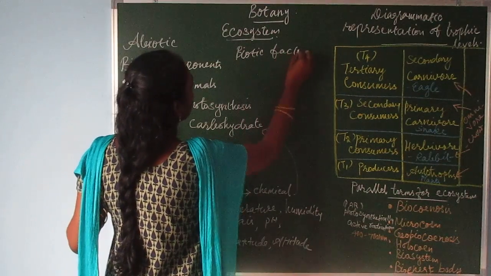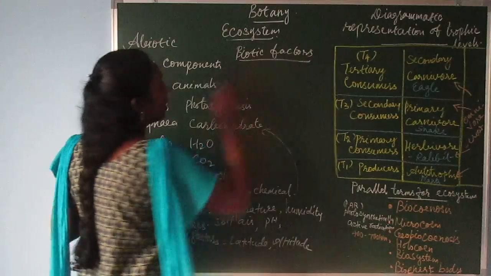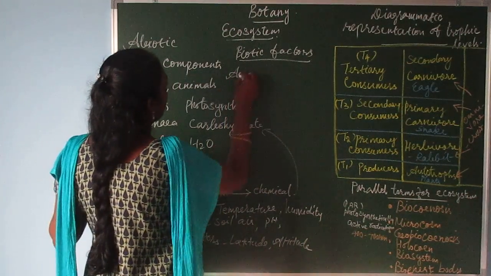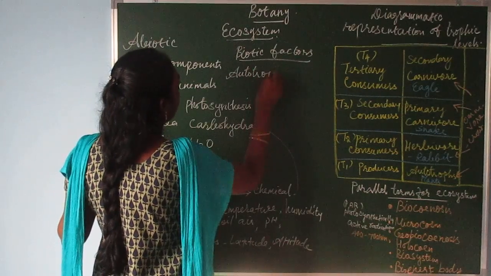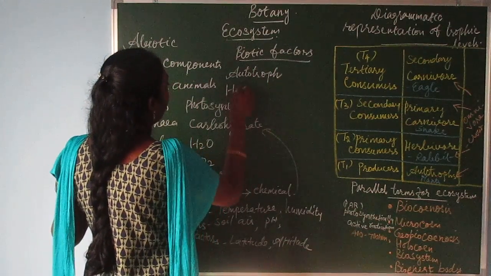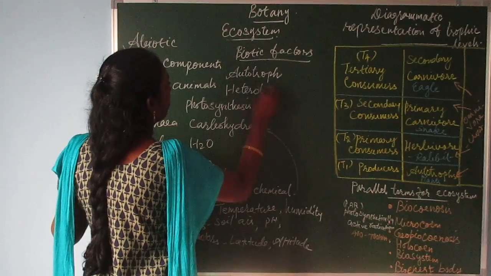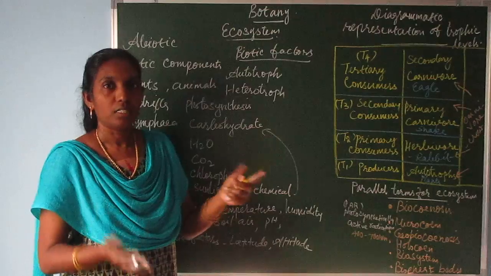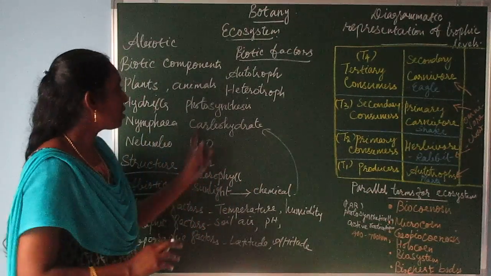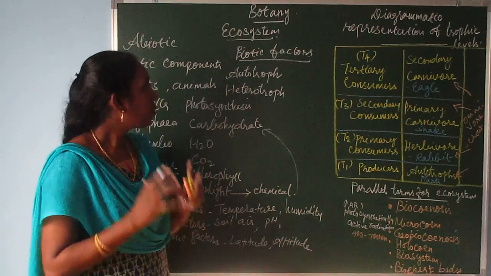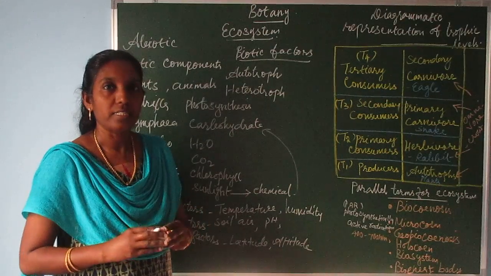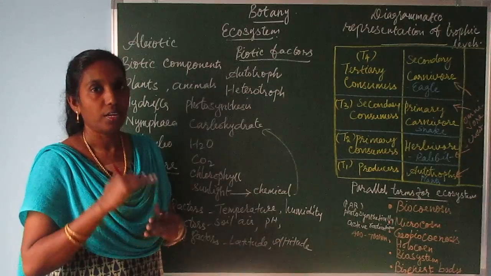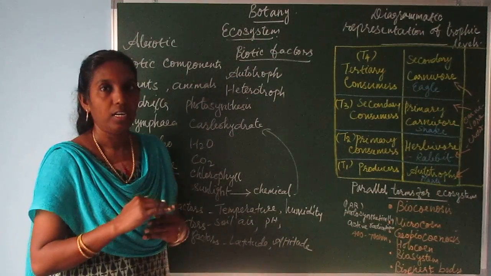Biotic factors include autotrophs and heterotrophs. What are autotrophs? As you know, the process of photosynthesis, green plants, are considered producers because they are the first level of ecosystem or trophic level.